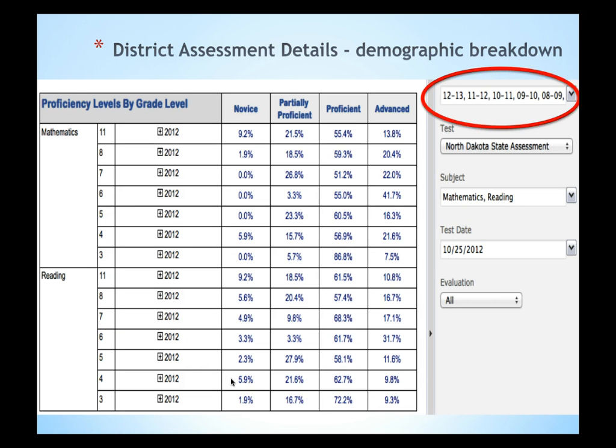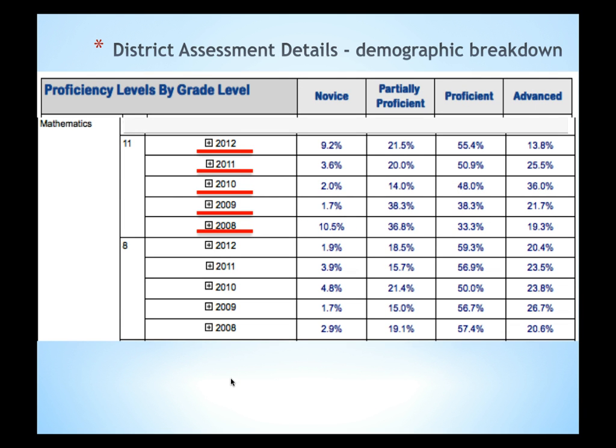This is the same district summary details demographic breakdown, only this time we ran it by multiple years. And so we have multiple years of data for each of these grade levels. When I click on an individual grade and open it up, then we get the individual years.